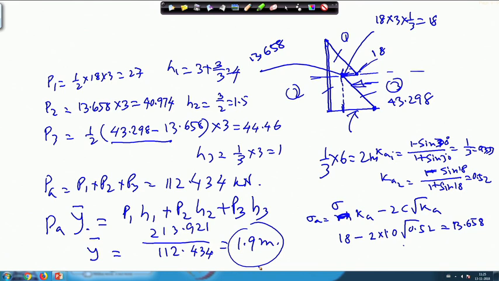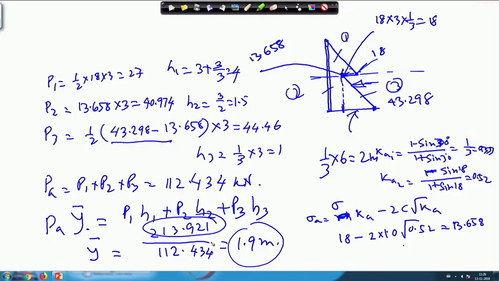So, by using the active Rankine's theory, you have to draw the diagram, and once you draw the diagram, you have to break the entire diagram into a number of parts for which you know the area. That means triangle, rectangle, like that you have to divide, and then find out the area of all components, which become the component forces P1, P2, P3, P4, and then if you add them, that becomes the total thrust. That is one part.